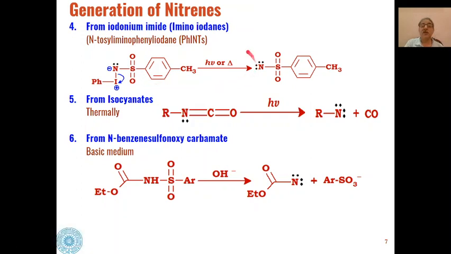So when these types of N-tosyl aminophenyl iodines are heated or irradiated with UV light, that means either thermally or photochemically, they will remove phenyl iodide from this, and we will get tosyl nitrenes as the products.